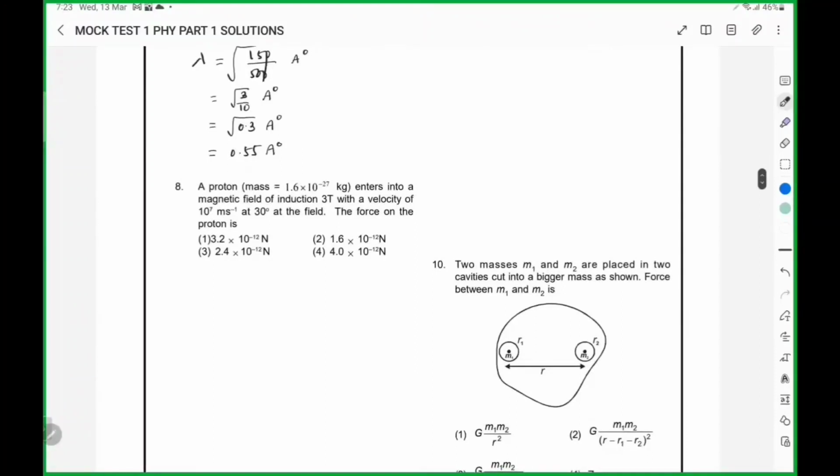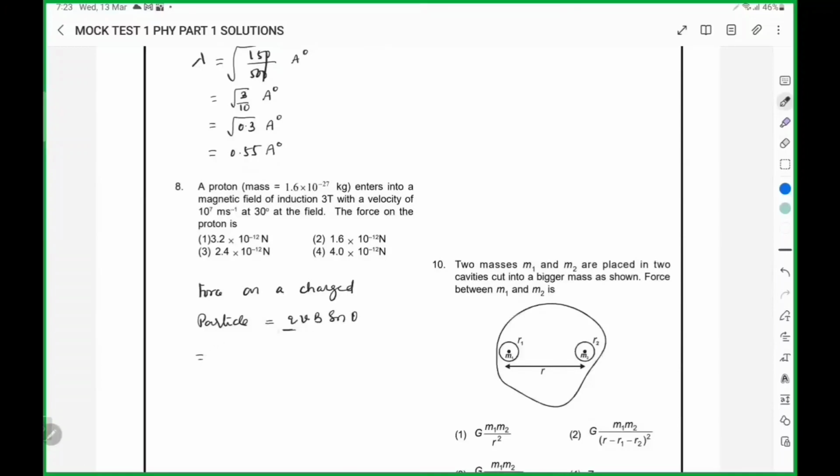Here a proton of mass m enters into a magnetic field with a velocity. Force on a charged particle is QVB sin theta.